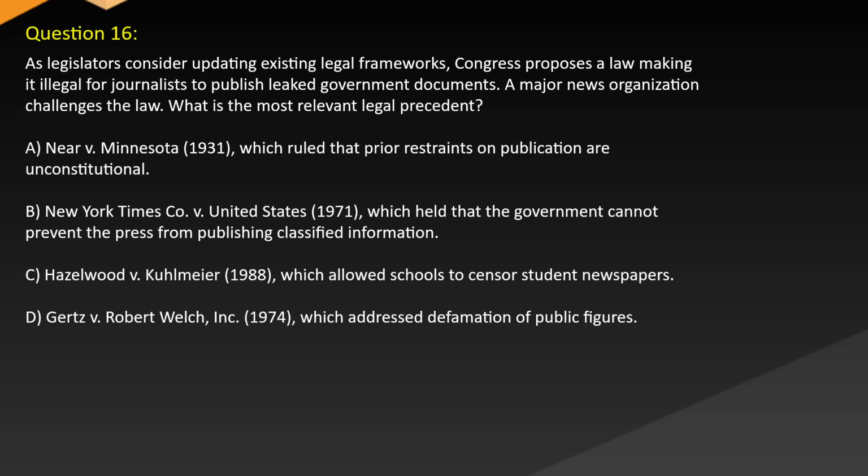B. New York Times Company v. United States, 1971, which held that the government cannot prevent the press from publishing classified information. C. Hazelwood v. Kuhlmeier, 1988, which allowed schools to censor student newspapers. D. Gertz v. Robert Welch, Inc., 1974, which addressed defamation of public figures.